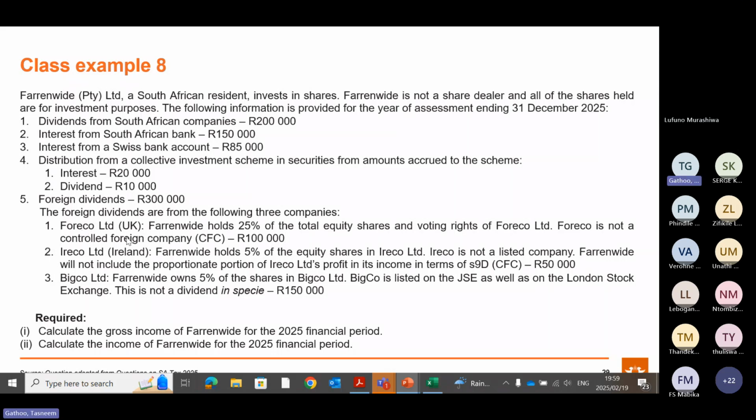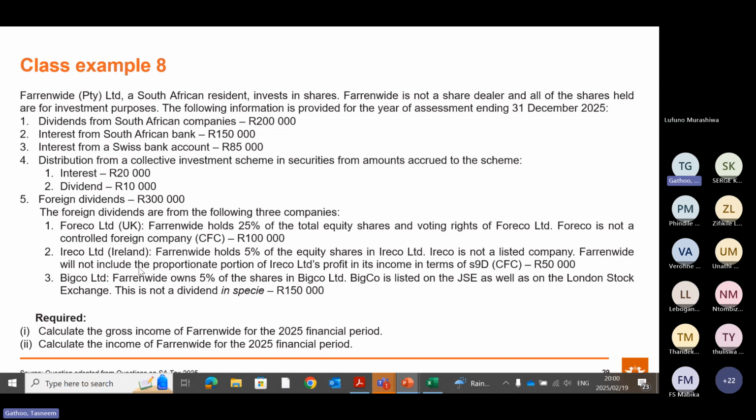One being from this UK company where Fair and Wide holds 25% of the total equity shares and voting rights, and Forico is not a controlled foreign company. So from them, they received 100,000 rand in dividends. From this Irish company, Irico, Fair and Wide holds 5% of the equity shares. Irico is not a listed company.